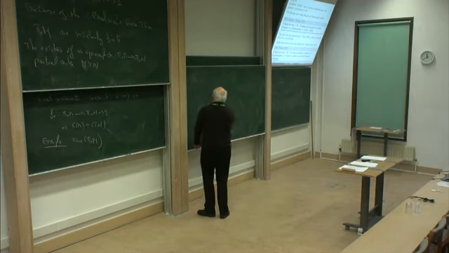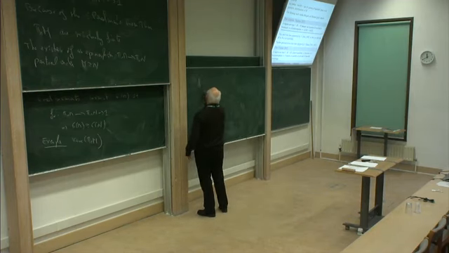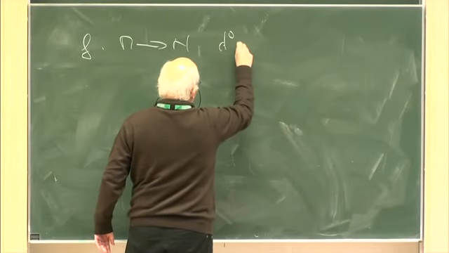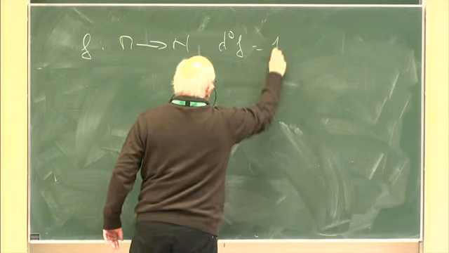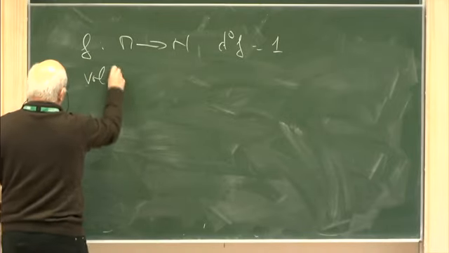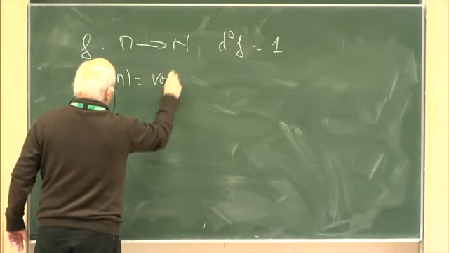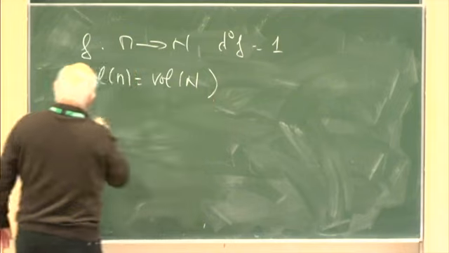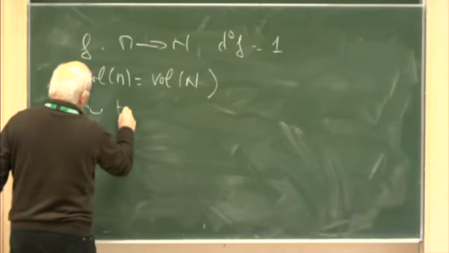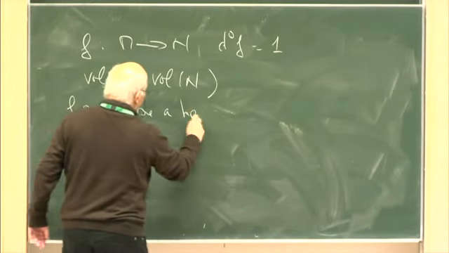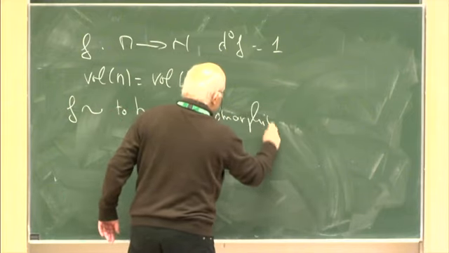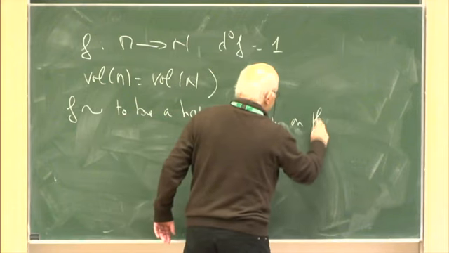If you take a degree 1 map f and if you assume that vol M equals vol N, then f is homotopic to a homeomorphism on the hyperbolic pieces.